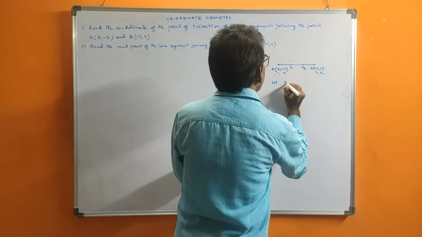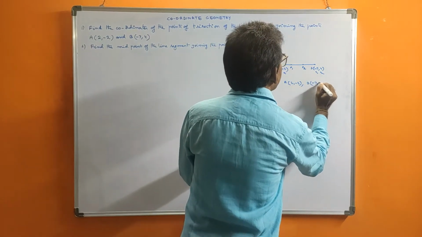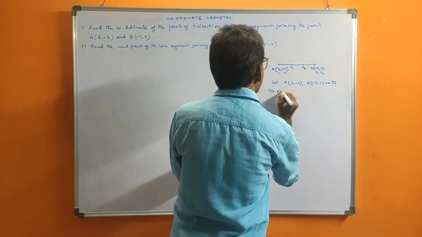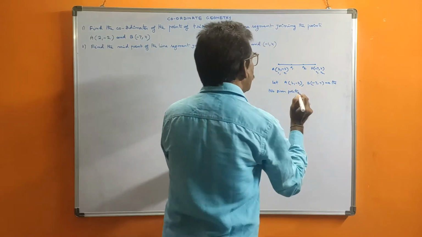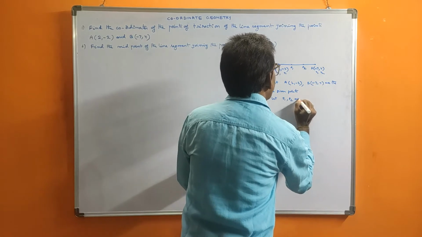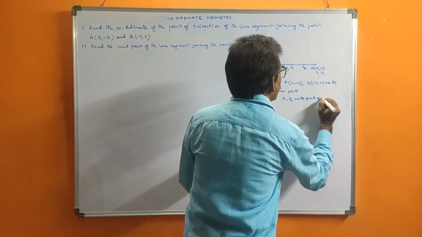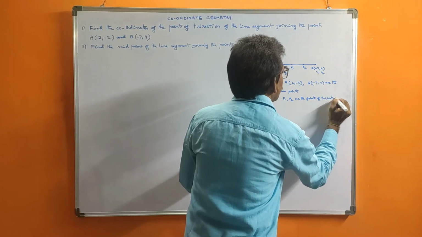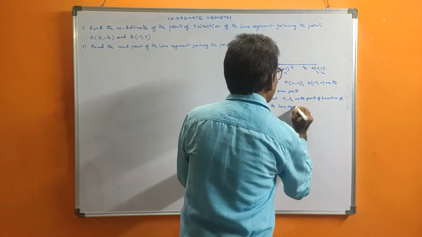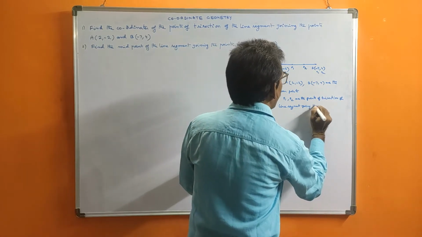Let A (2, -2) and B (-7, 4) be the 2 given points. Let P1 and P2 be the points of trisection of the line segment joining these points.